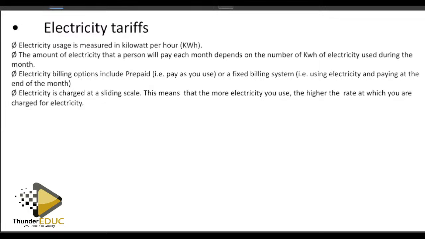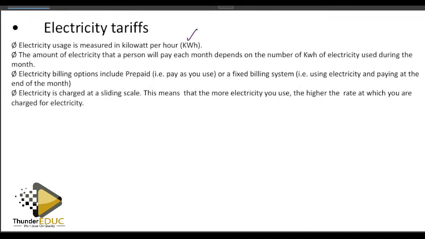Okay, we go to the next aspect of the scope. Remember, this is a scope. I'm not telling you that these will be the answers. Well and good if they become answers, but I'm predicting what could happen. Electricity tariffs. All you have to know is that the units of electricity are measured in kilowatt hours, represented by kWh.